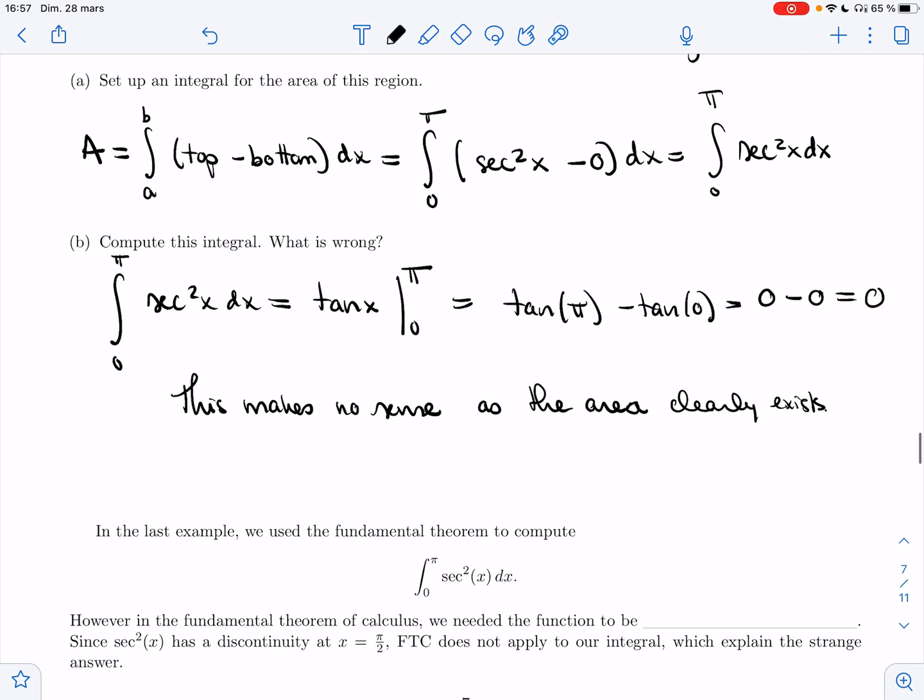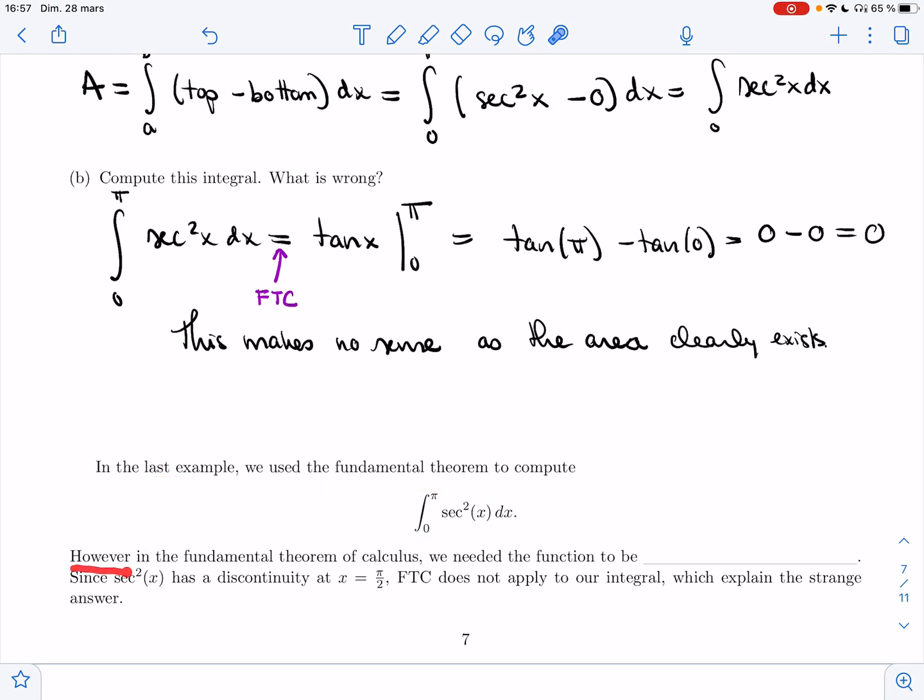Let's see. At this step right here, I'm using the fundamental theorem of calculus. This is where things go wrong. In the last example, we used the fundamental theorem of calculus to compute the integral from 0 to pi of secant squared.